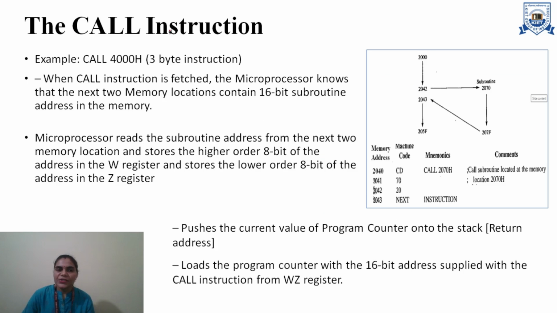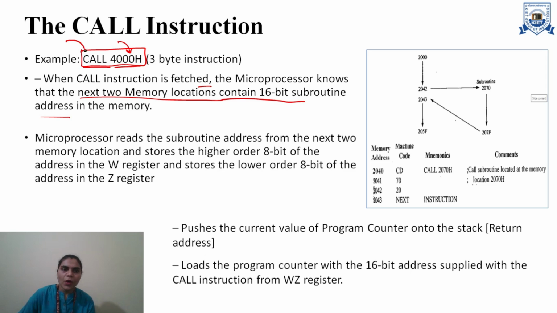Call instruction. We can write a call and some address where we want to transfer the control, where the subroutine is written. This is the syntax of call instruction. When call instruction is fetched, the microprocessor knows that the next two memory locations contain the 16-bit subroutine address.